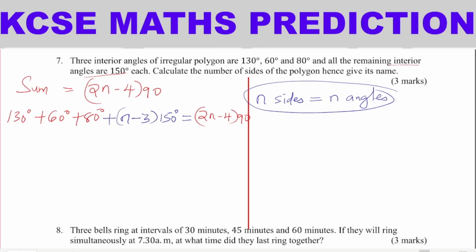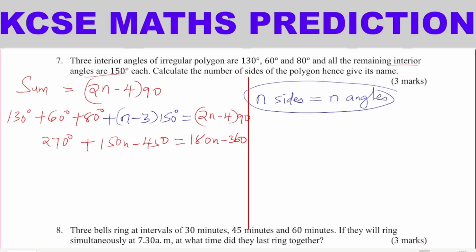So we can add 130 plus 60 plus 80. This will give 270 degrees when you add that. And then plus 150 times n, this will be 150n. Subtract 3 times 150, that will be 450, is equal to 180n minus 360, like that.